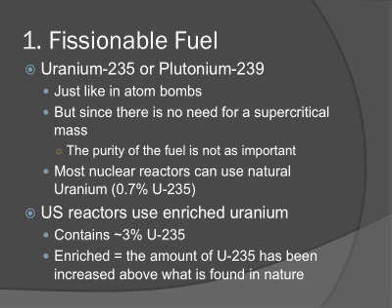All right, U.S. reactors, the reactors that we use around here, every country has different regulations, but for ours, we use enriched uranium, which means we have found a way to increase the percentage of uranium-235 to approximately 3%. And again, enriched means that it is above what is naturally found in nature. The uranium found in nature is less than 1% uranium-235. What we need for our reactors is 3%. So there are different ways, and we're going to talk about how to do that in just a second.